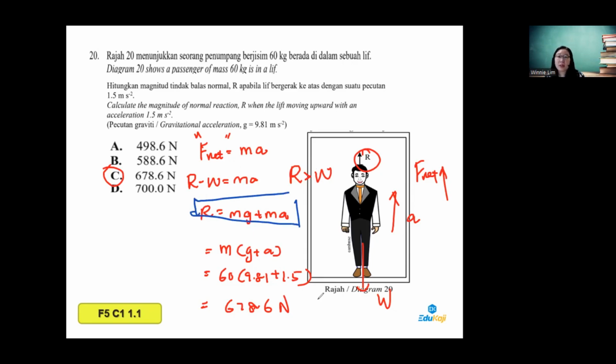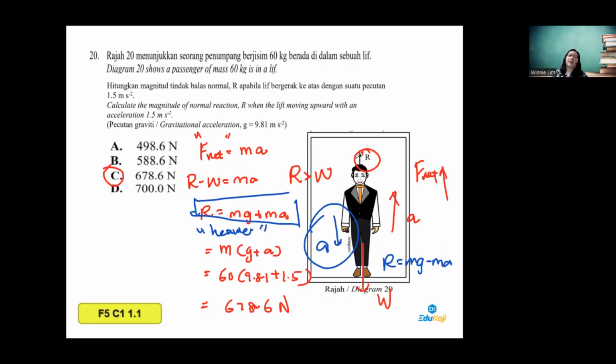Or if you find this equation a bit hard to form and always get confused, I always tell students, if you go up, that means against gravity, and you'll find yourself heavier, the apparent weight. But if you have a case of downward, that means you suddenly drop, so you will seem lighter. For the downward case, R is mg minus ma.